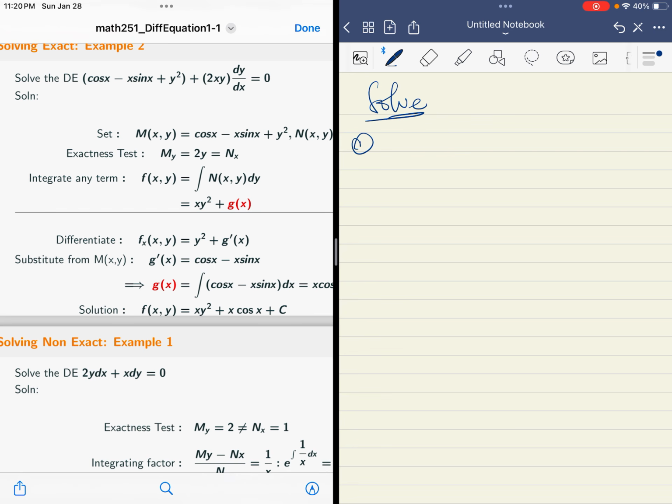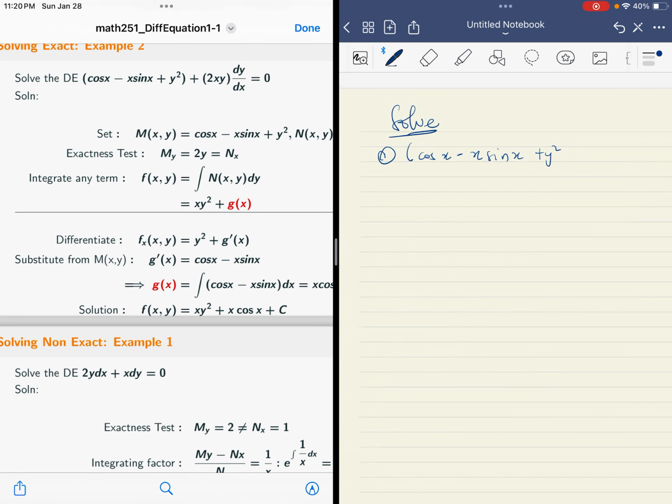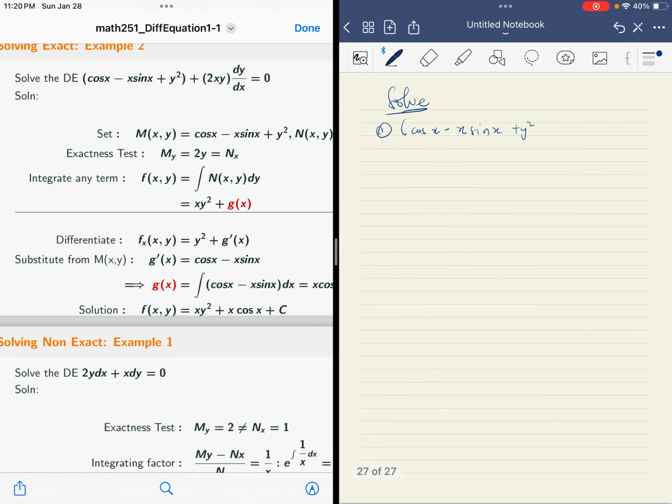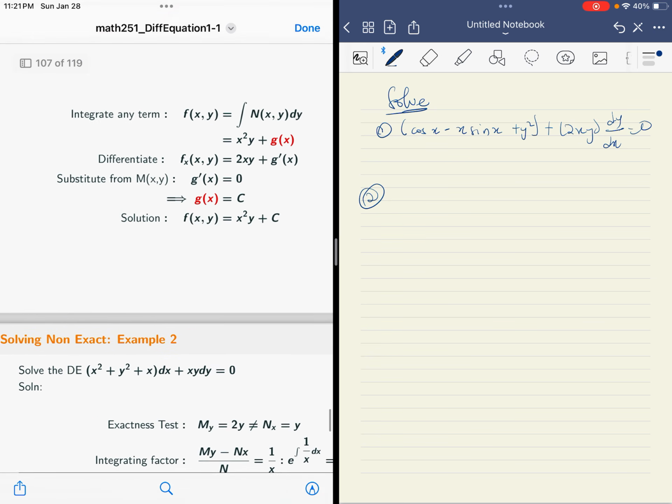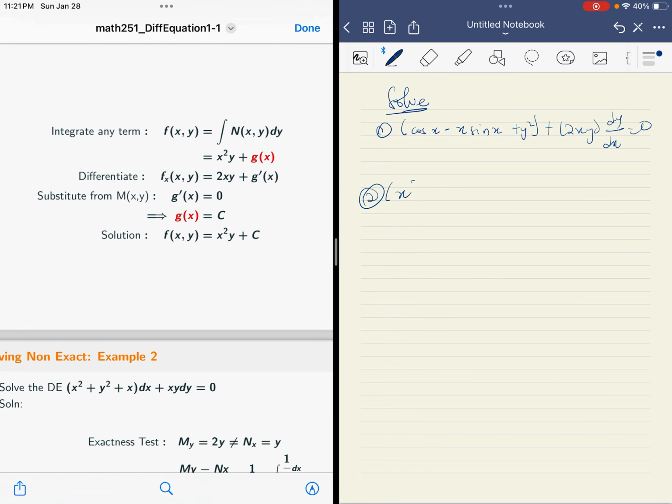For my first question, I give you the differential equation (cos x minus x sin x plus y squared) dx plus 2xy dy equals 0. And for question 2, I give you (x squared plus y squared plus x) dx plus xy dy equals 0.